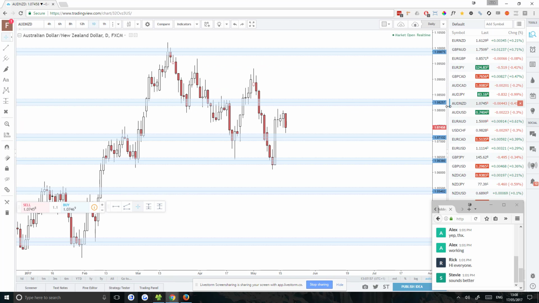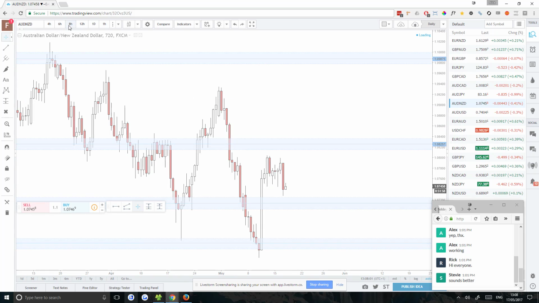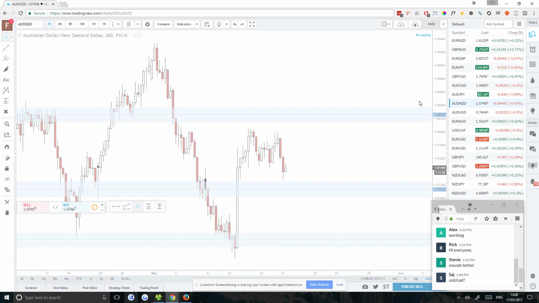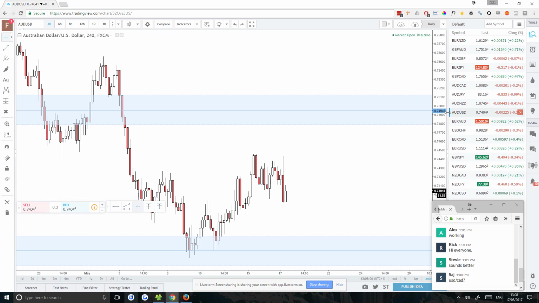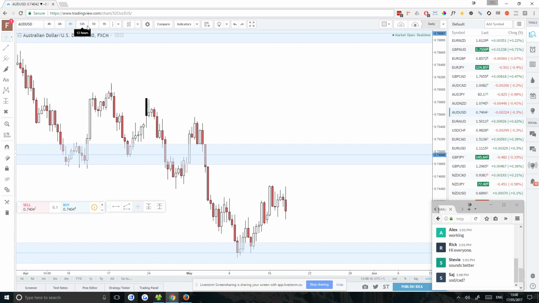Nothing too interesting for me. AUD New Zealand, yeah, nothing's really going on. AUD USD is in between two support resistance areas right now, so it's kind of like in between these two major areas. Therefore, we're probably not going to see anything interesting here.